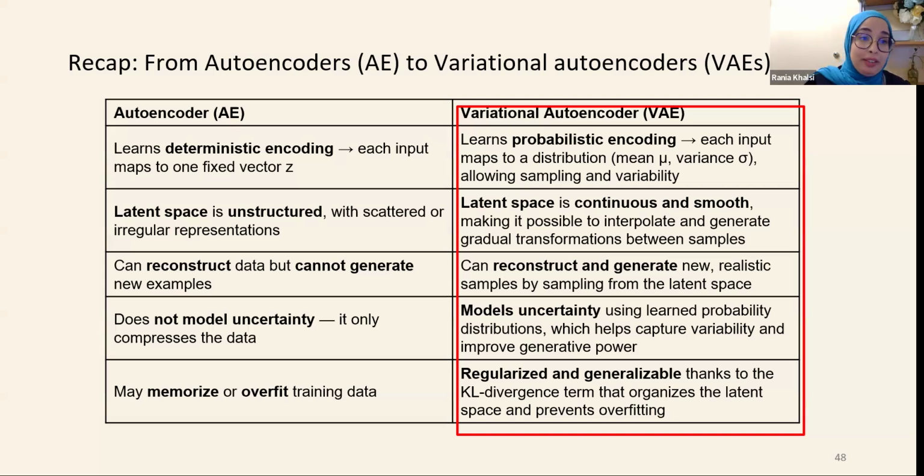We introduce the mu and variance that allow sampling and variability. The latent space is continuous and smooth, which is what we were explaining so far. This Bayesian foundation helps us reconstruct, but also generate new and realistic samples, something autoencoders don't allow; even when there is generation, it is fuzzy and not clear, like we've seen so far. And in variational autoencoders we can model uncertainty, and the model is regularized and generalizable.